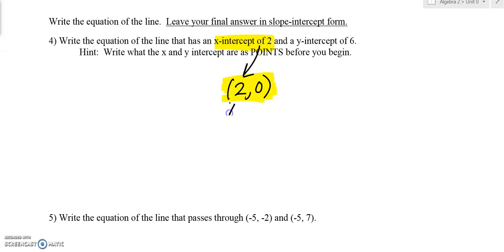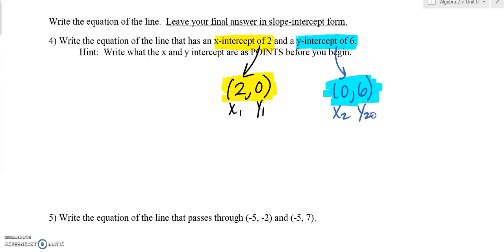And from here, just like before, I'm going to label that x1, y1. My other key piece of information they gave me is the y-intercept. Okay, that I can rewrite as 0, 6. From here, I'm going to label that x2, y2.